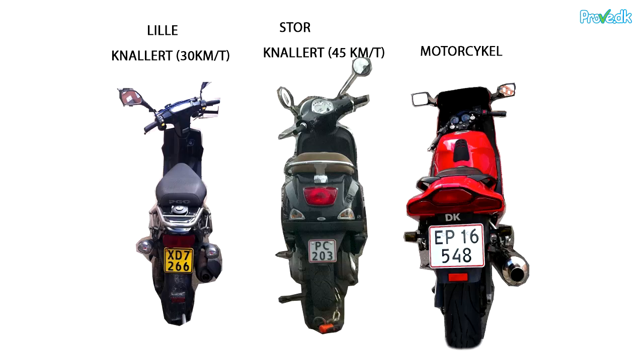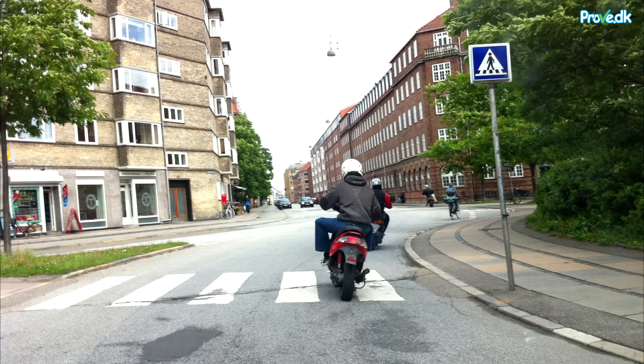Smaller scooters with a maximum speed of up to 30 km per hour can be driven on a bicycle lane. In order to drive a scooter that develops a maximum speed of 45 km per hour, you need a Category B driver's license. Such scooters are not allowed to be driven on freeways.